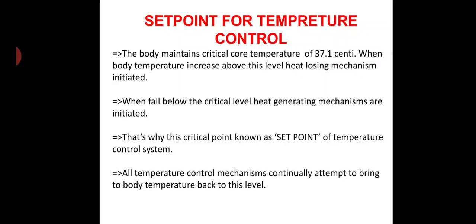The ultimate goal of both is to reach towards 37.1 degrees Celsius. So all the temperature control mechanisms we discussed in the last lecture continually attempt to bring your body temperature back to 37.1 degrees Celsius. So this is the set point.